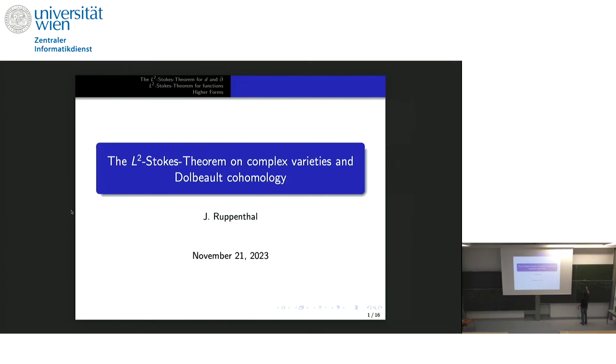If I take d bar of f wedge g conjugated, this becomes a 2n form. So this is a 2n minus 1 form. It becomes a 2n form with compact support, and then by Stokes theorem, it's the same as the integral over the boundary of Omega, or something which is smooth and close to the boundary, and we have that this is zero. So this was maybe analysis 2.